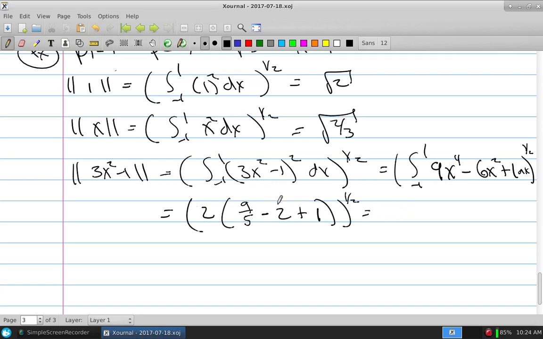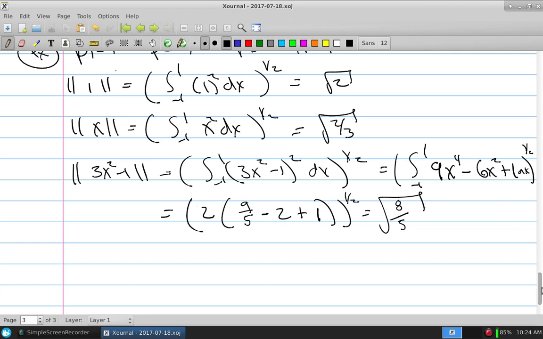Which is what? 9/5 minus 10/5 is negative 1/5, plus 5/5 is 4/5, which is 8/5 square root. Were these orthonormal? What was the length of every one of these? Not 1.